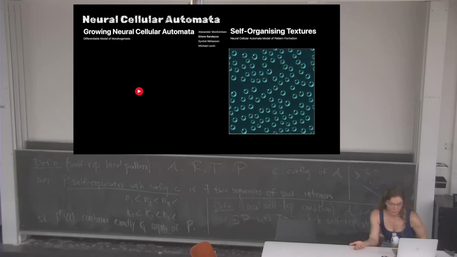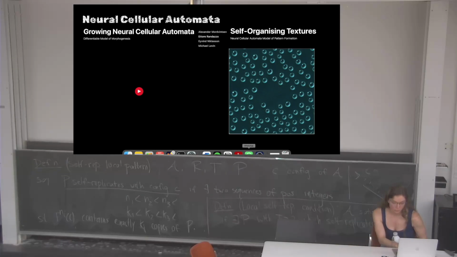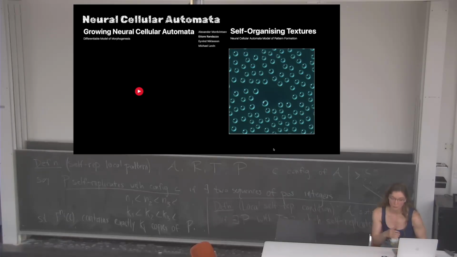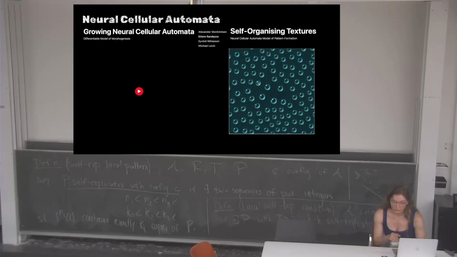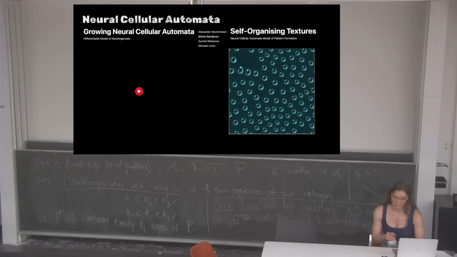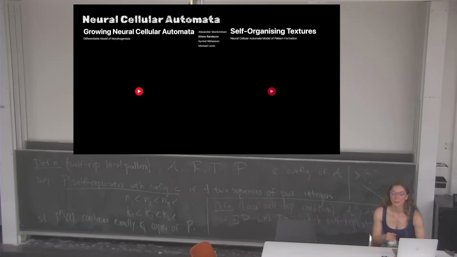So you can have a target value of a particular picture, for instance, containing bubbles, and then you can have a neural cellular automaton that generates this. So how you can think about this is the neural cellular automaton essentially learning and representing a very nice compressed version of the pattern that you are generating.